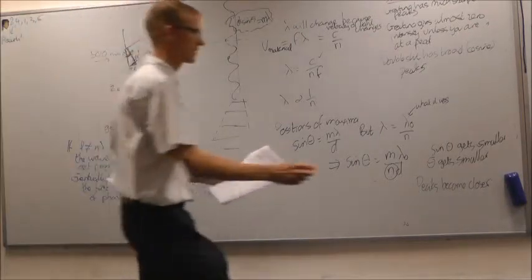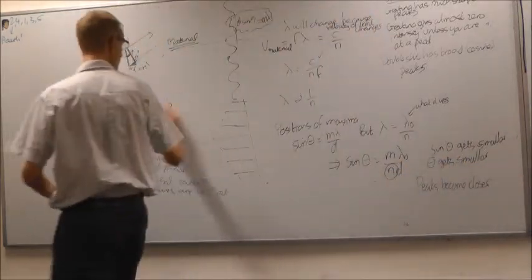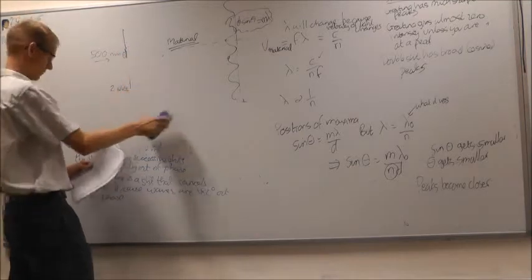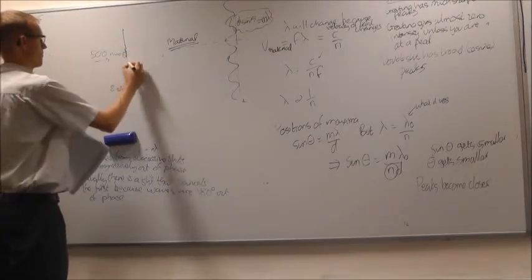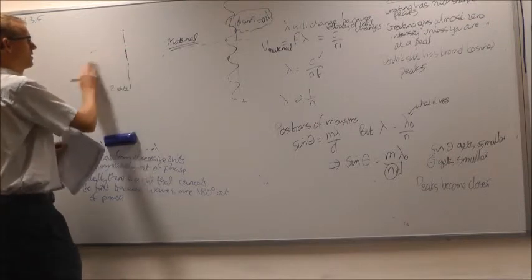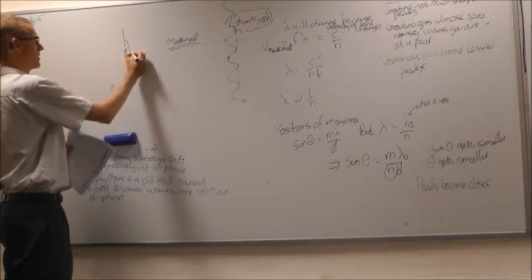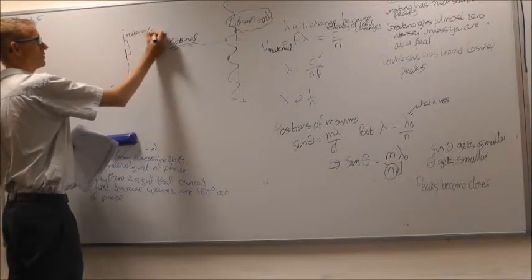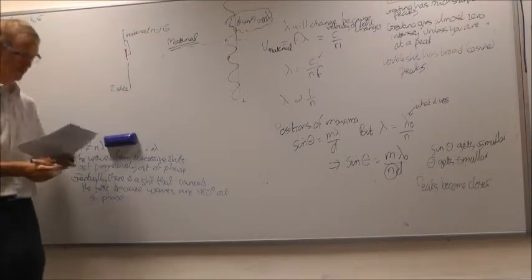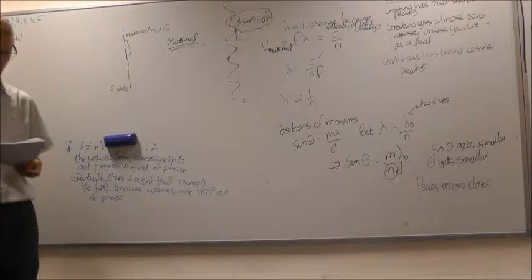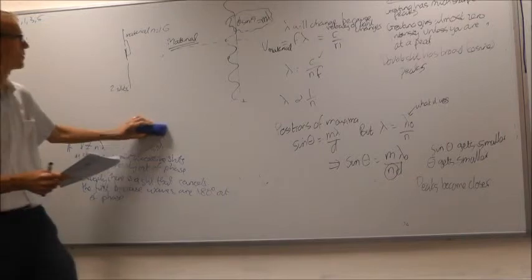So same thing, refractive index, let's get rid of our grating. So we've got a little bit of material here that's covering our slit. When this is done, the central maximum is observed to move up.